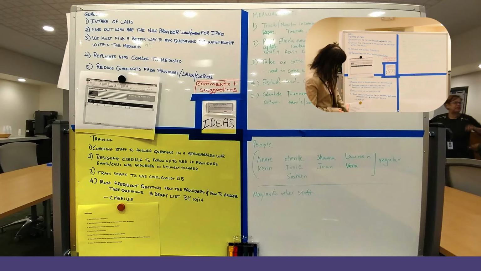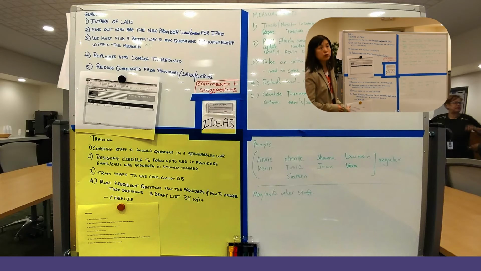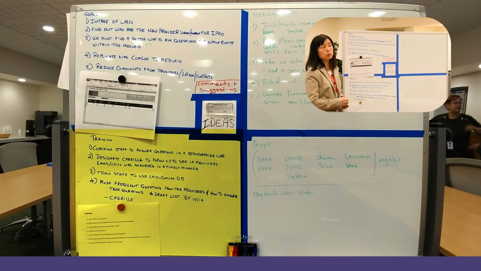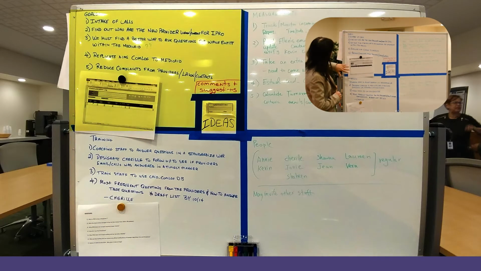So here, our staff came up with a draft list of frequently asked questions, and then as a group, our staff will come up with a standardized answer so that it's already written so that everybody will answer the questions similarly.